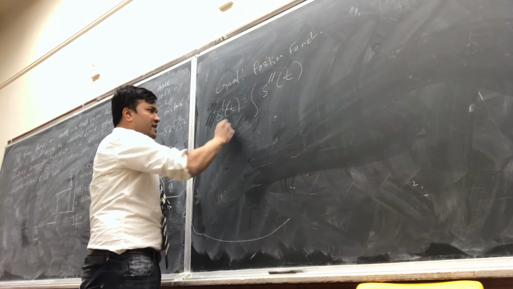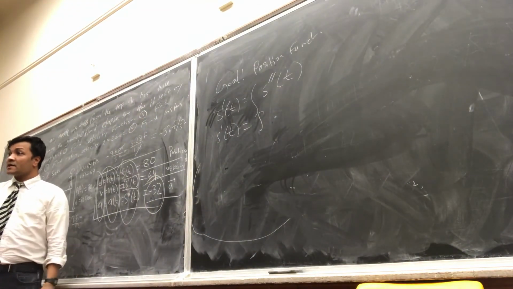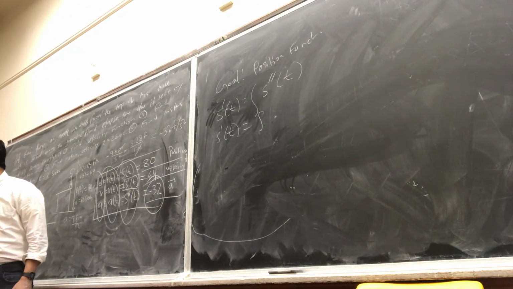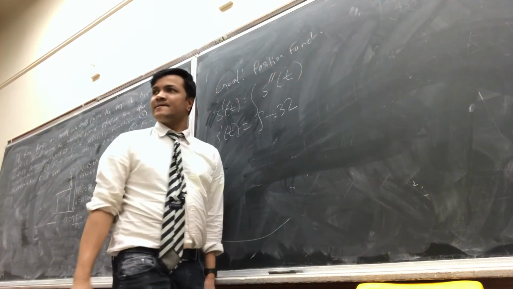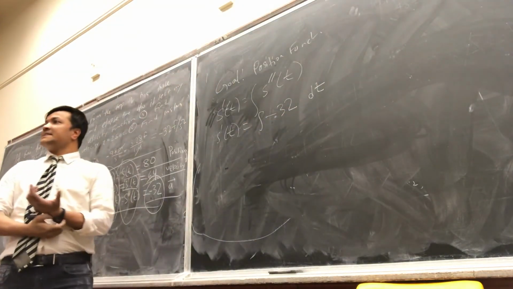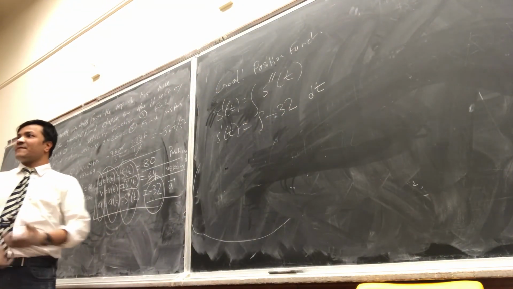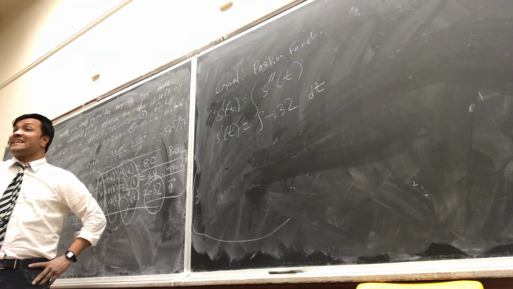So for S prime of t, what is the S double prime of t? Negative 32. Negative 32 what? dt, because this is the function of time. So we're going to use dt instead of dx.